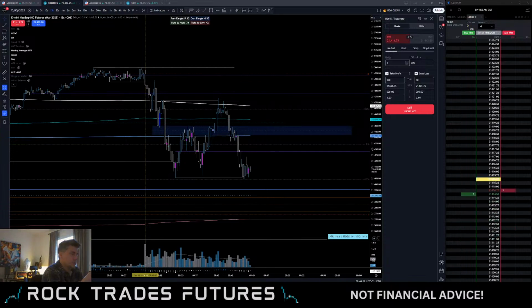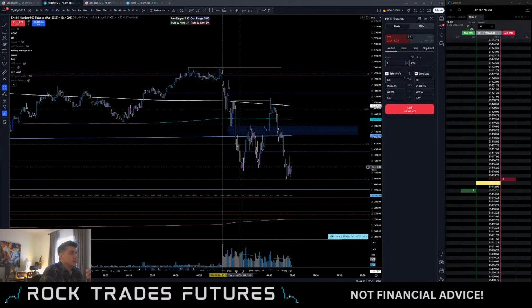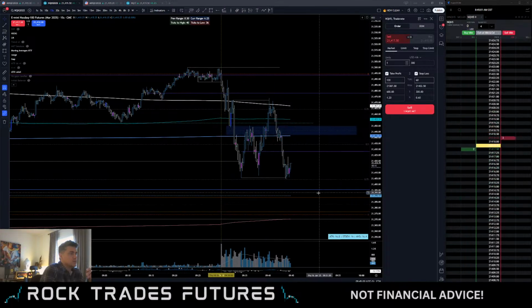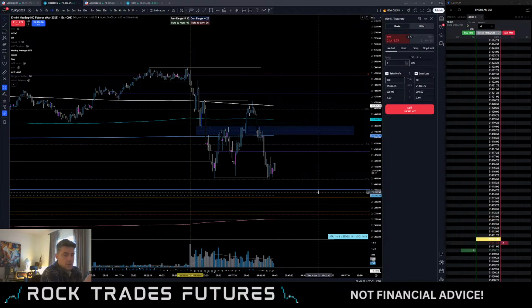We could get a big retracement up right quick. Also, we could be getting some kind of seek and destroy price action here. Take the lows, take the highs, take the lows, take the highs. So, really got to be patient. I want a layup.